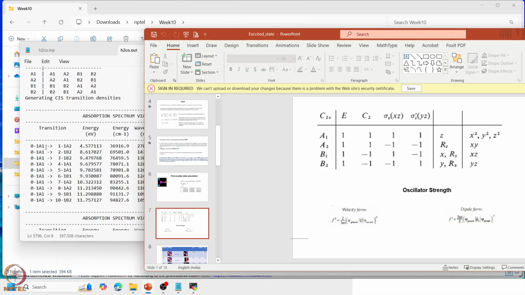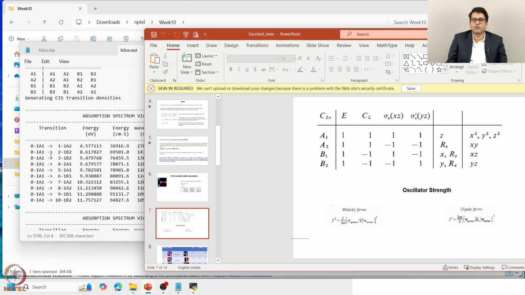The symmetry is 1 A1 to 1 A2, that means the effective symmetry of the ground and excited state total wave function will be 1 A2. To give a non-zero transition moment, the total value of the integral has to be totally symmetric, that is 1 A1.